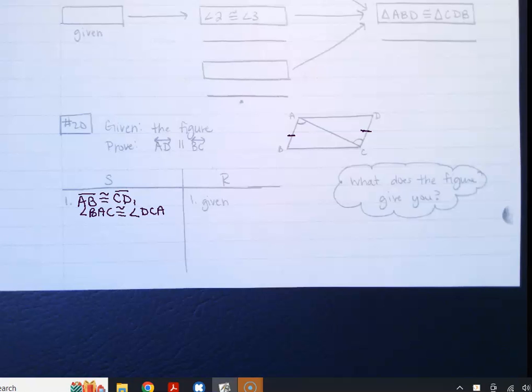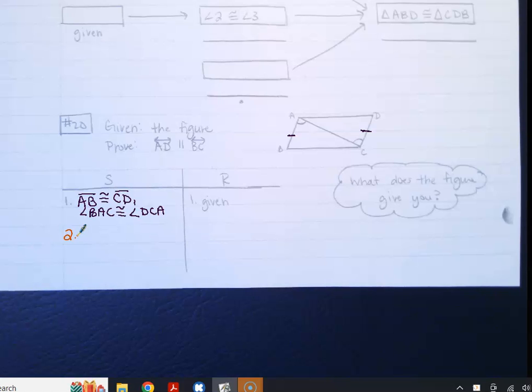Your turn, Lucas. You might have to write a little smaller than me. Cram it in there. How do you know that? We can't do that yet.